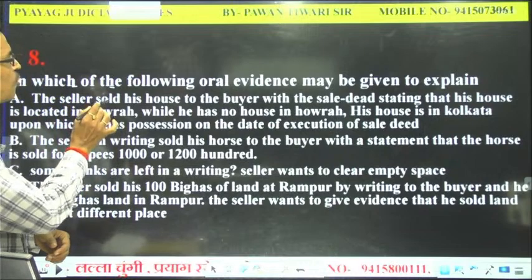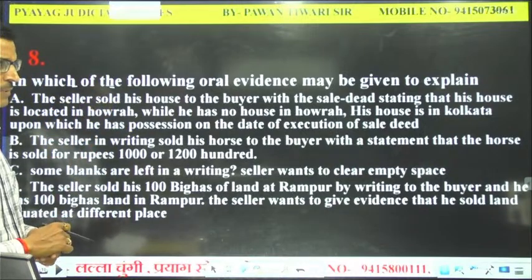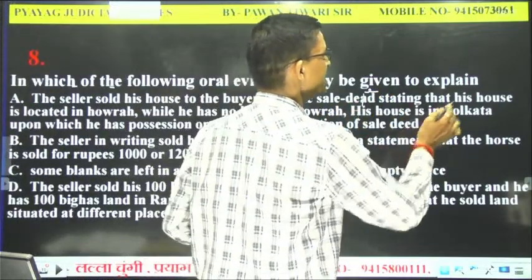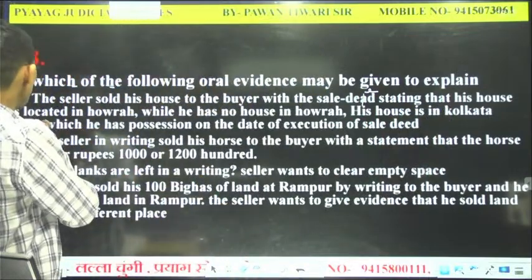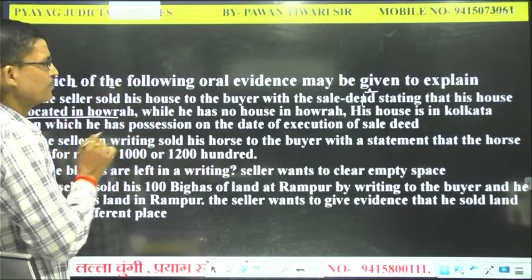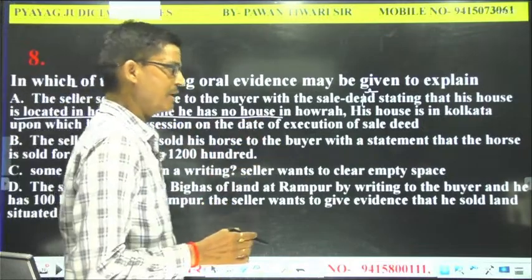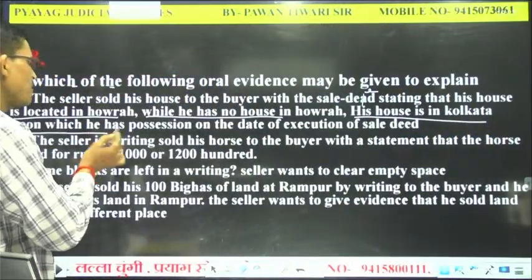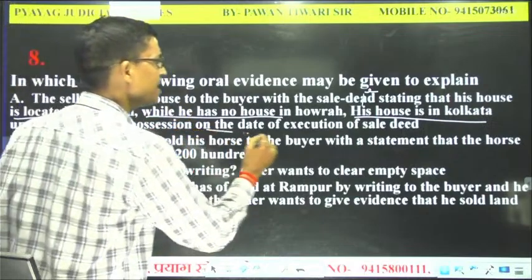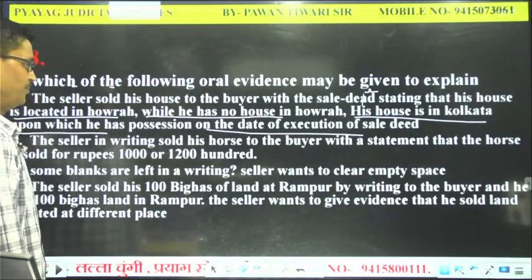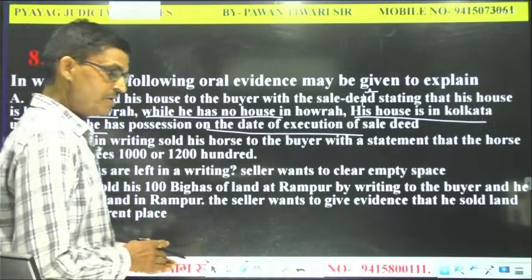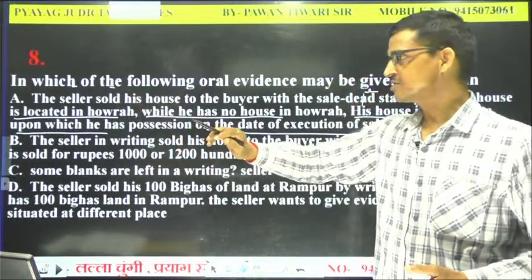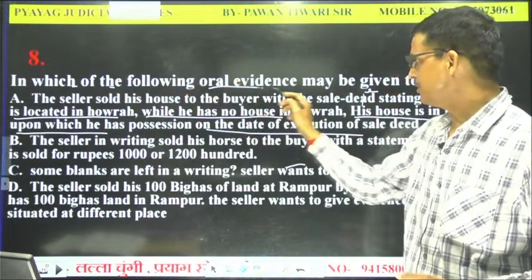The seller sold his house to the buyer with a sale deed stating that his house is located in Howrah, while he has no house in Howrah. His house is in Kolkata, of which he has possession on the date of execution of the sale deed. It means evidence is required or not. Here the question is asked, in which of the following may oral evidence be given?